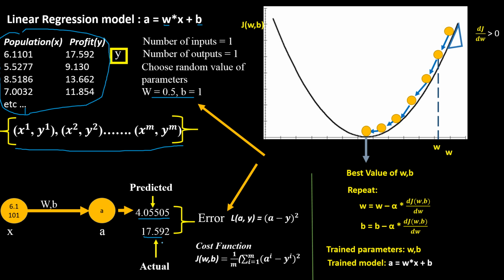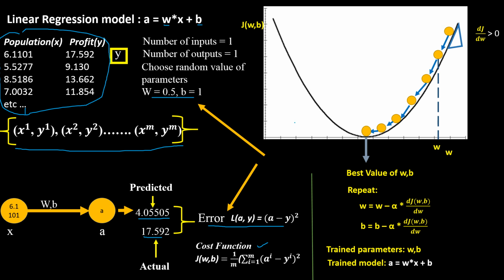Then we compare it with the actual value, and we get this error function, and we do it for all the examples to get the overall cost function, which we have to minimize. And we know that this cost or error is caused due to this weight value, so we have to somehow improve this weight value to reduce this cost.